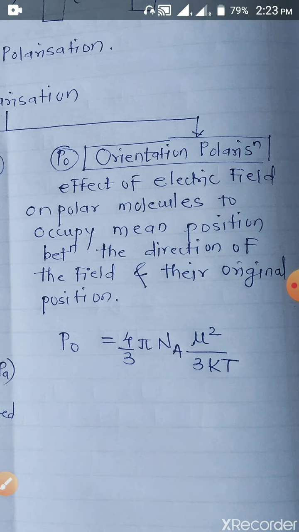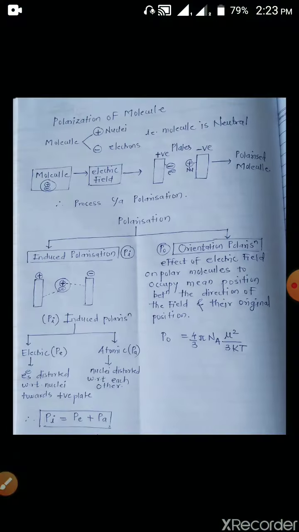But in the absence of an electric field, the molecule behaves randomly, meaning it will be oriented in all the possible directions, and it is only due to the thermal effect. I will explain it with the help of one diagram here.